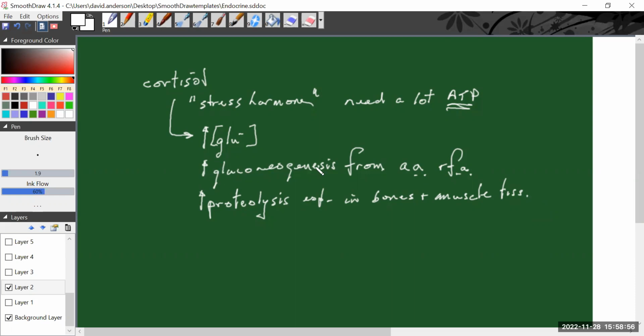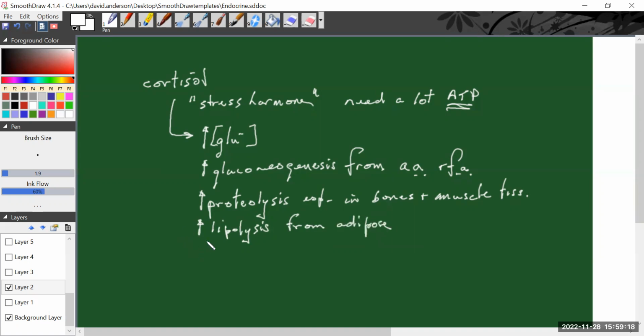So when we increase gluconeogenesis from amino acids and fatty acids, we're going to increase some lipolysis. So same idea, okay, but from adipose tissue, right? We know that's where most of that is stored.